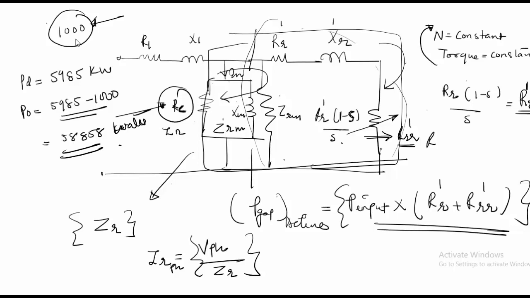Even if you are ignoring this, if it is not given in the question, sometimes it's possible to ignore it. There is not much difference in my machine, but what difference will it have in calculating my efficiency?